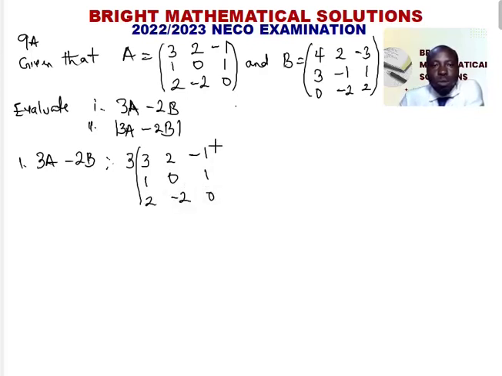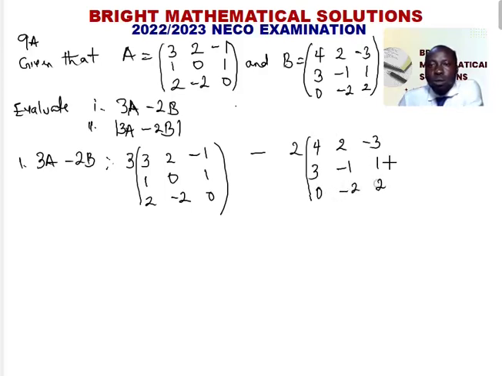minus 2 into 4, 2, minus 3, 3, minus 1, 1, 0, minus 2, and 2. Now, we're going to use this 3 to multiply every element of this matrix.